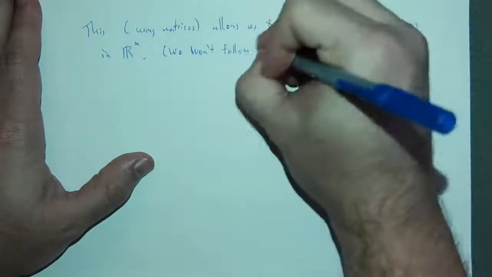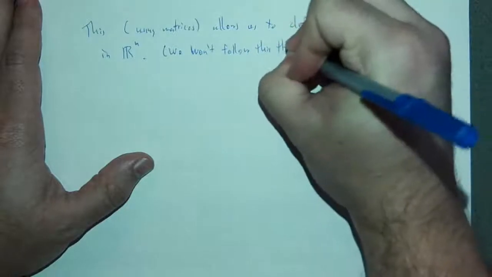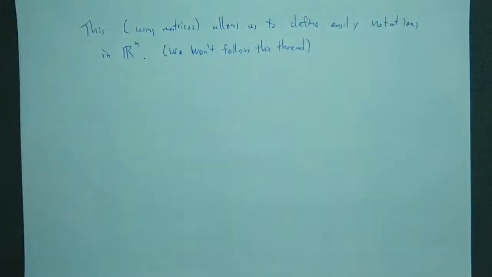In fact, better than that, we can think of the group. Well, I already spoiled it by saying the word group, but we can think about the group of isometries for Rn as being described by matrices.